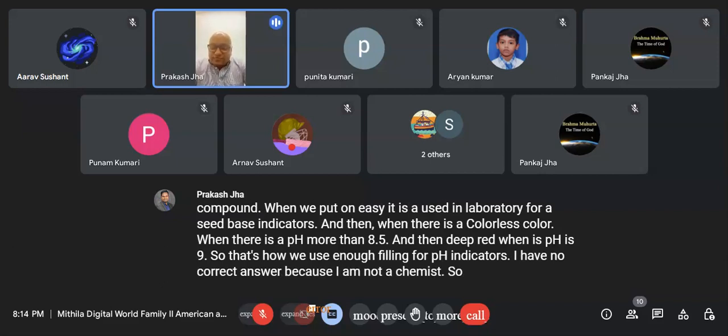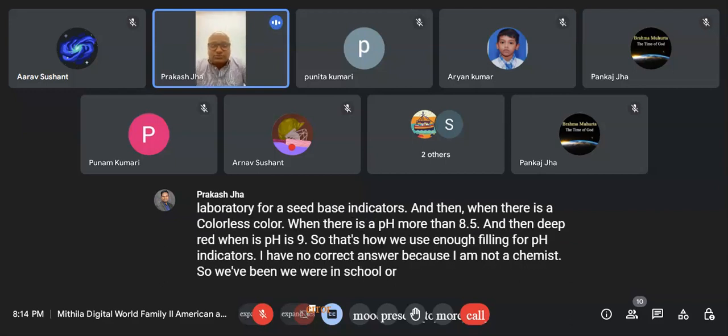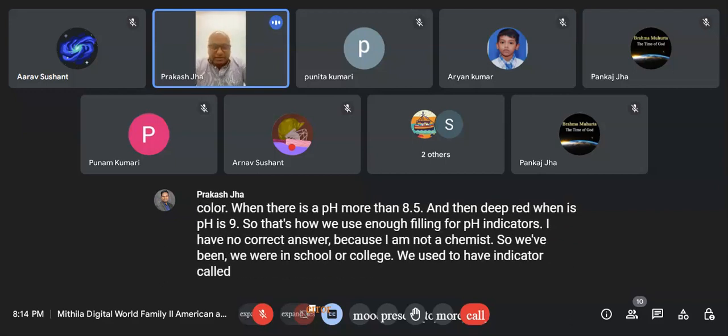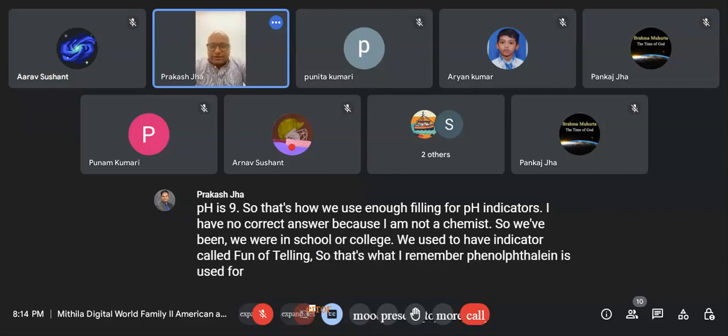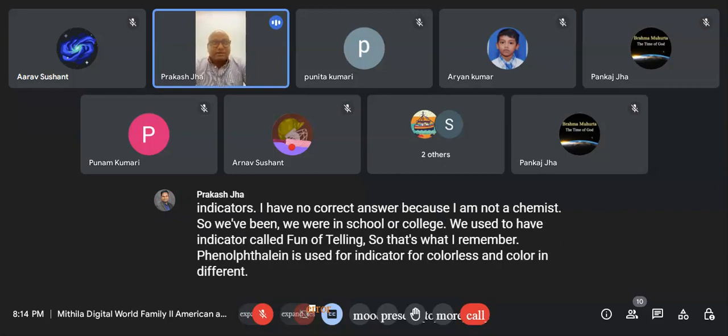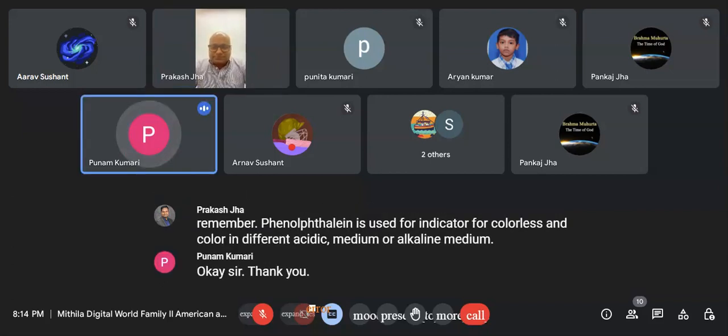When we were in school or college, we used an indicator called phenolphthalein, so that's what I remember. It is used as an indicator showing colorless or color in acidic or alkaline medium. Okay, sir. Thank you.